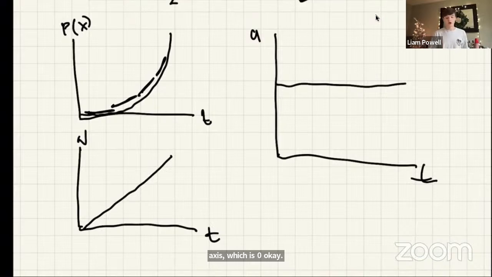So let's continue. Now we've explained the major components.